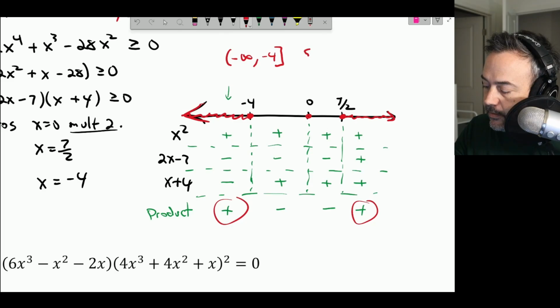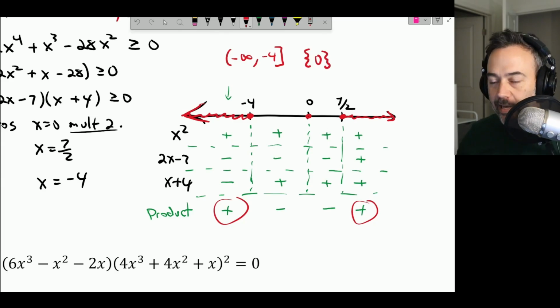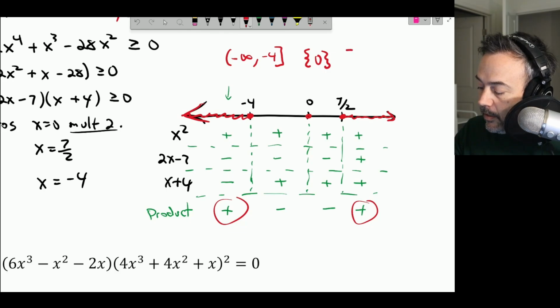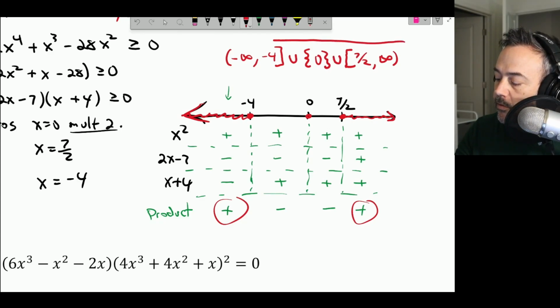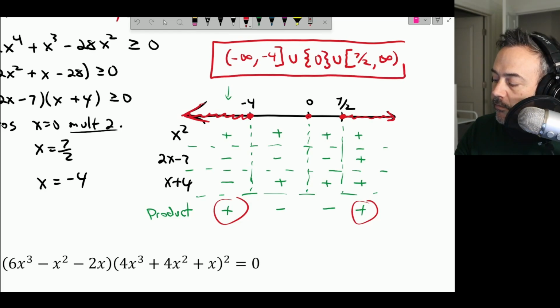I've got this single number 0. It's like a singleton set. Sometimes you'll hear people say that. And then I've got the interval from 7/2 to +infinity. And I want to put this all together into a big solution set, so I'm going to do the union of those sets of numbers. There's my solution.